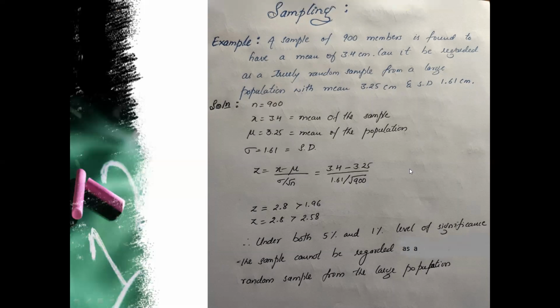Now calculate this, simplify it, we'll get Z as 2.8, which is greater than 1.96, that is for 5% level of significance, as well as greater than 2.58, that is for 1% level of significance. Thus, under both 5% as well as 1% level of significance, we reject the hypothesis. That is, the sample cannot be regarded as a random sample from the large population.